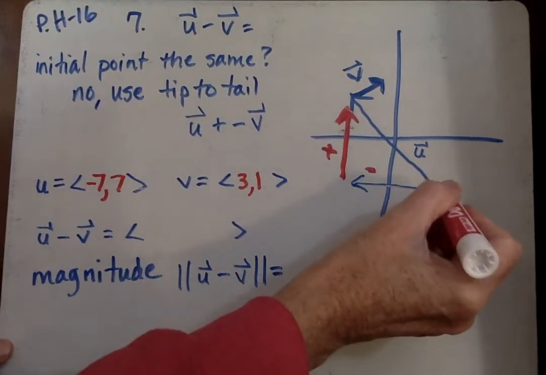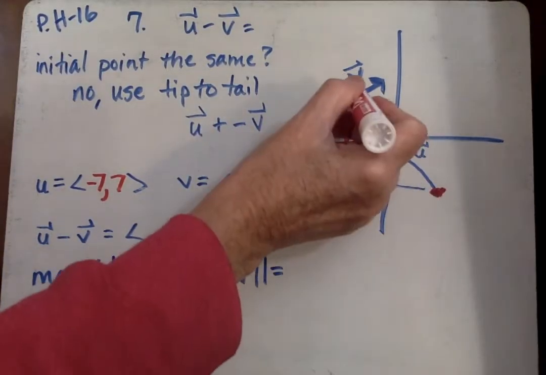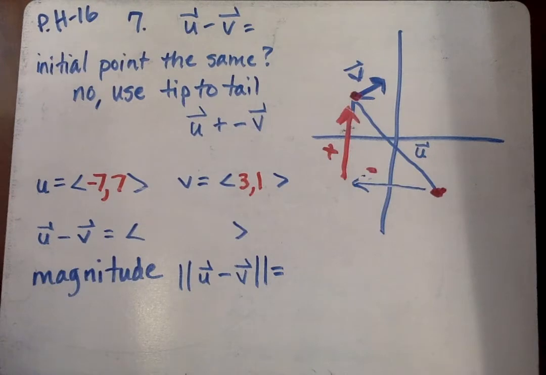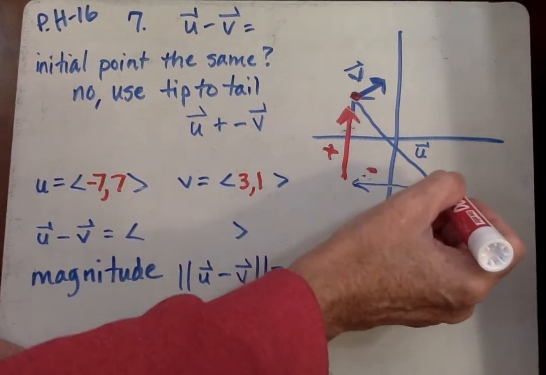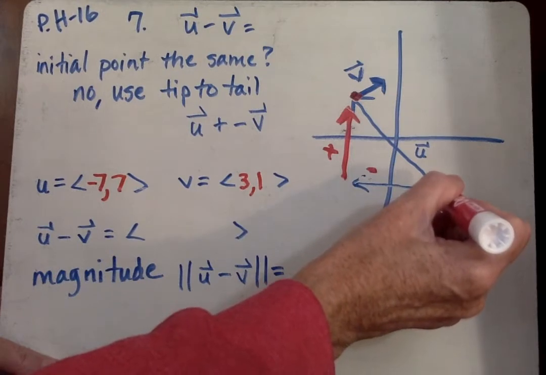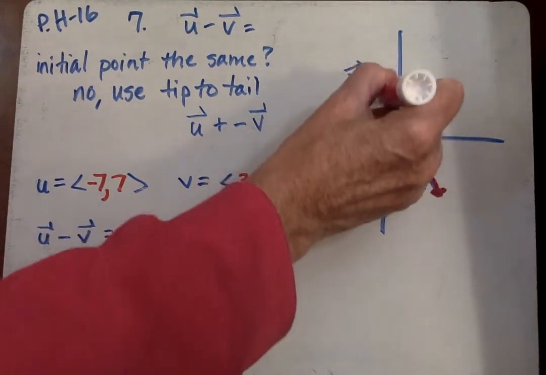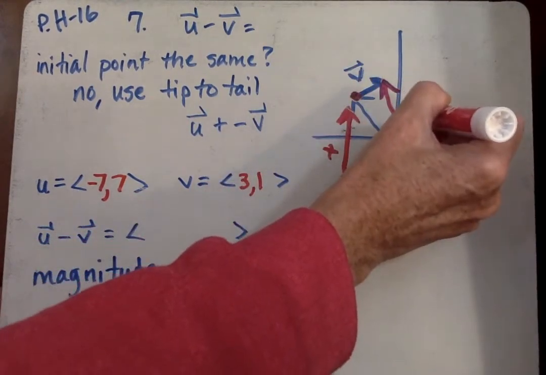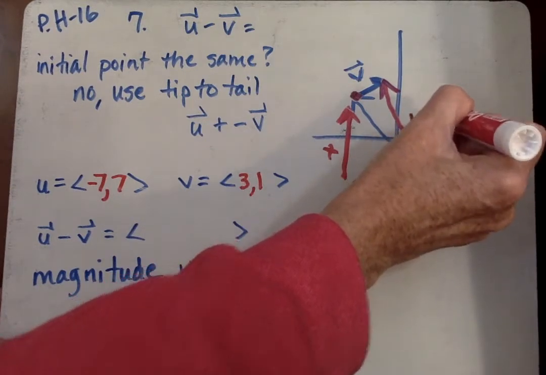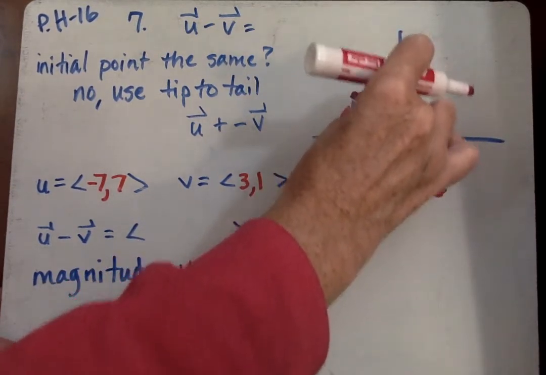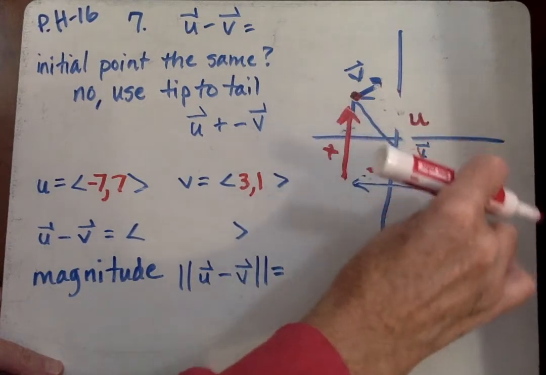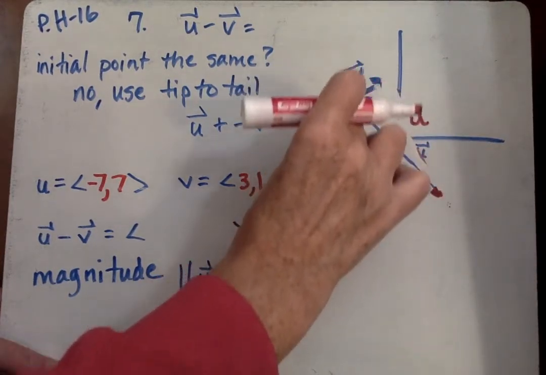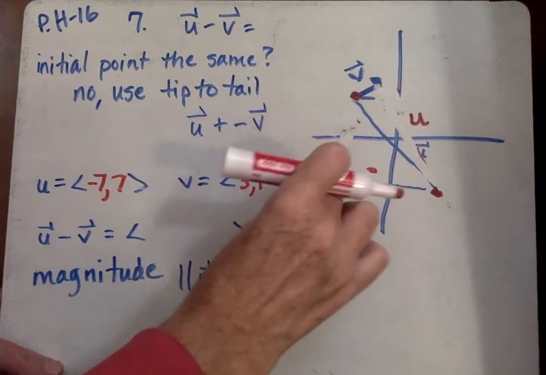No, U starts here and V starts right here, so we can use the tip to tail. So that just means we can go from the beginning of U to the end of V, and that would be U. Oh, whoops, we forgot something. My bad. We have to get our negative U, or negative V.